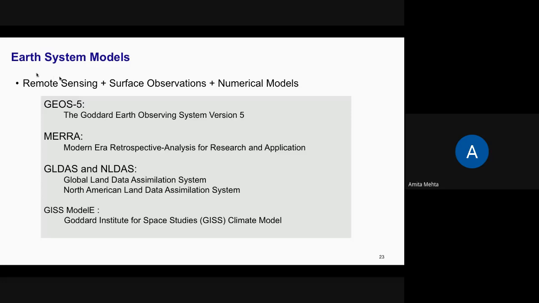We're moving on to Earth system models, which are available. So GEOS-5, the Goddard Earth Observing System version 5, is used in MERRA, the Modern Era Retrospective Analysis for Research and Applications. So this model, GEOS-5, is part of MERRA, an atmospheric model.